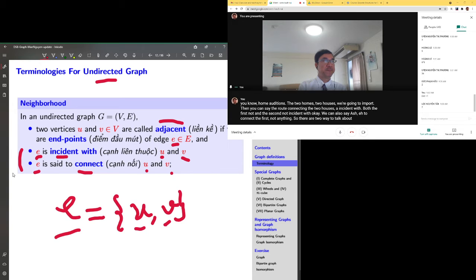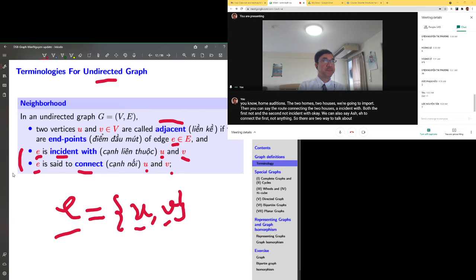Except if you see a loop, okay, then you have to count it twice towards the degree of that vertex. Otherwise, you count only one. So you have U here, your house, okay, and you have V here, your girlfriend's house, and you have a route connecting from here to there.